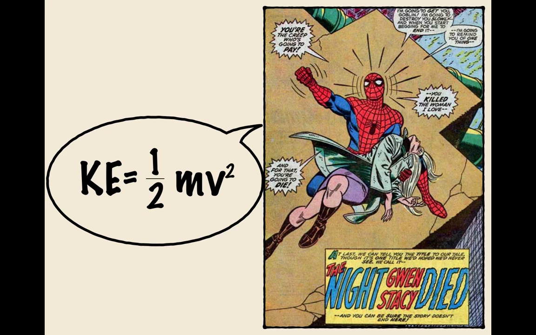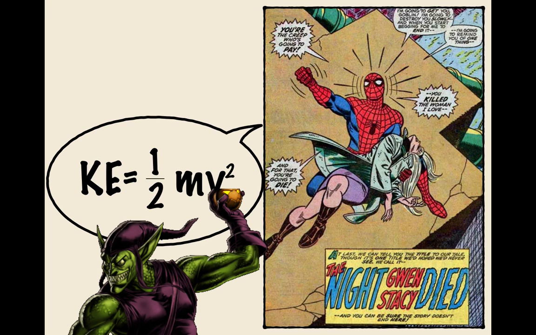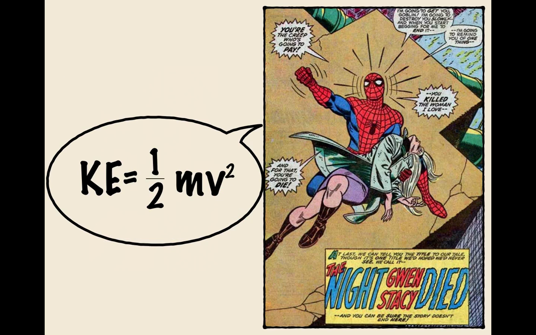That's why things splatter, because all that energy is dispersed throughout the object. If the object's not strong enough to absorb that force, it'll break, splatter, or what have you. In this case, Gwen's neck is what absorbed all that energy, and Spider-Man accidentally killed her. Of course, the Goblin pushed her off, but Spider-Man's lack of understanding of physics, unfortunately, did not pay off for him.